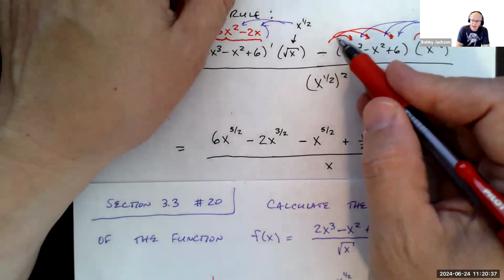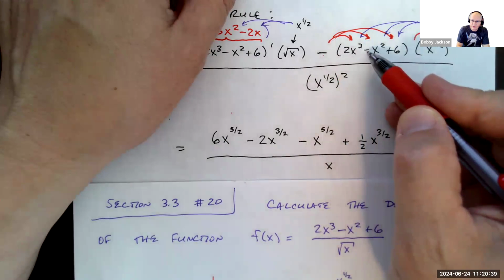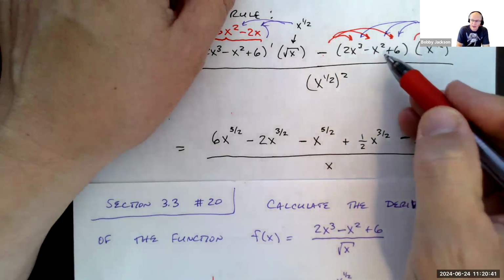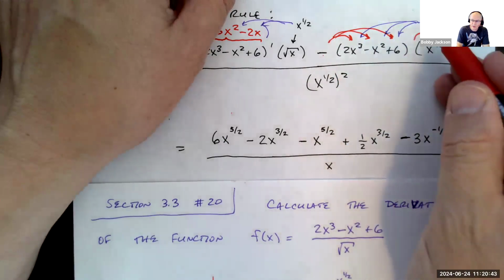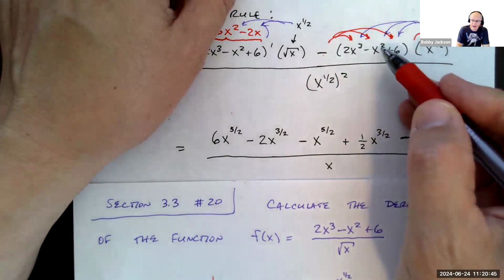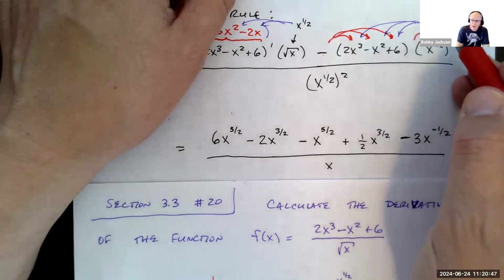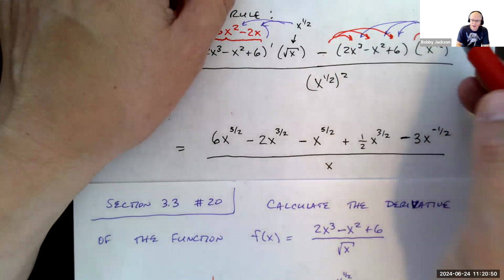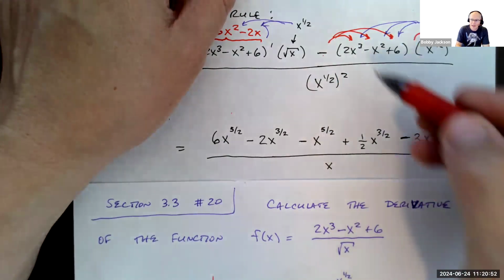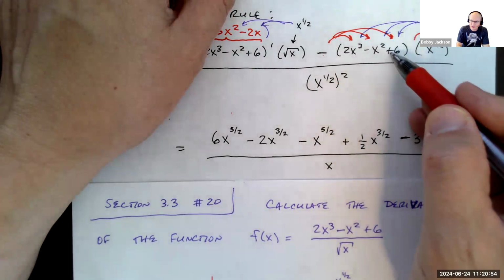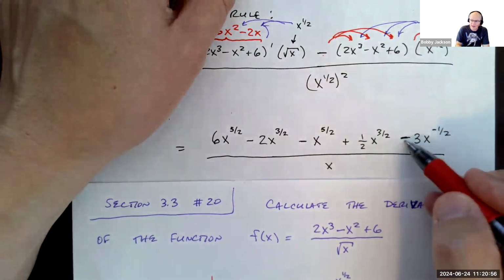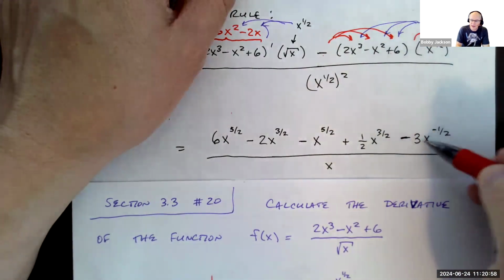Then the second one, negative times negative is positive. So it's positive. x squared times 1/2 x to the -1/2 is 1/2. And then the exponents, again, we add 2 and -1/2 added together is 3/2. And then lastly, -6 times 1/2 is -3 x to the -1/2.